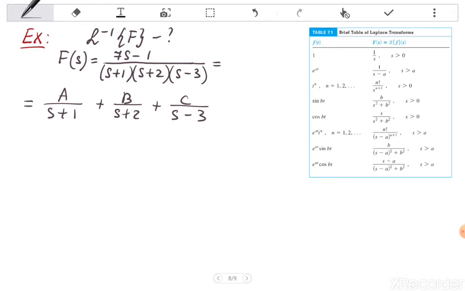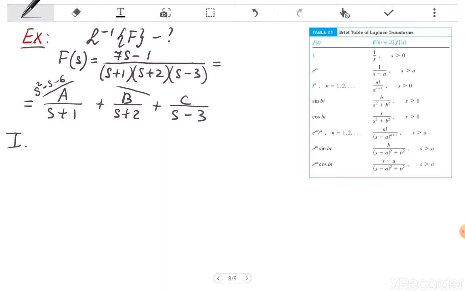The first method is to write a system of linear equations where the unknowns are a, b, and c. How do we do this? We find the common denominator when summing these three fractions. Here the denominator for a is the product s plus 2 times s minus 3. If we open the brackets, we get s squared minus s minus 6.